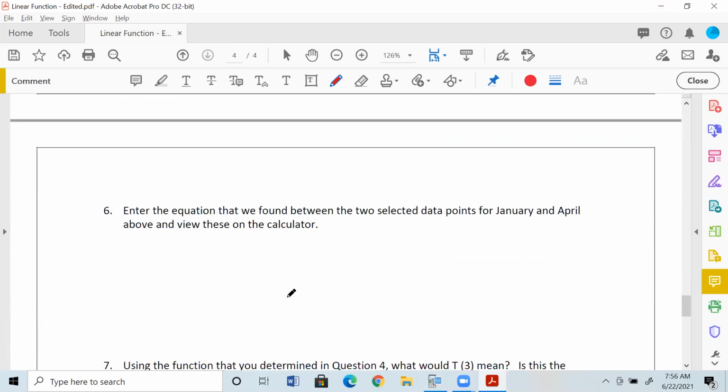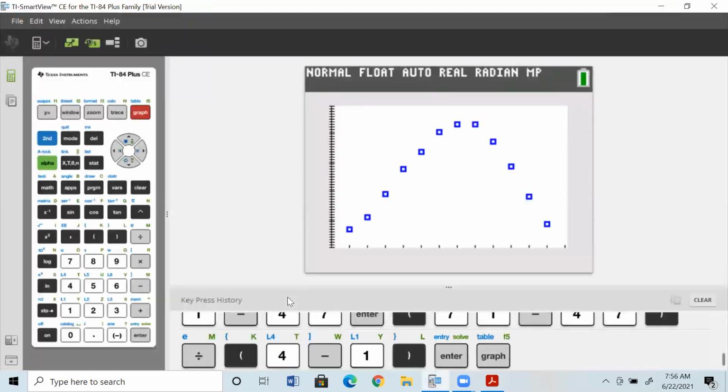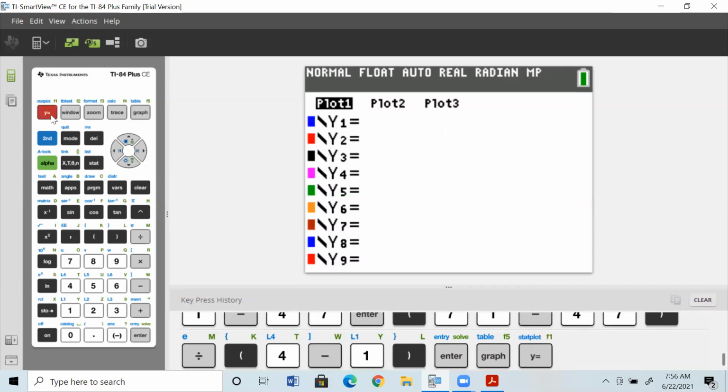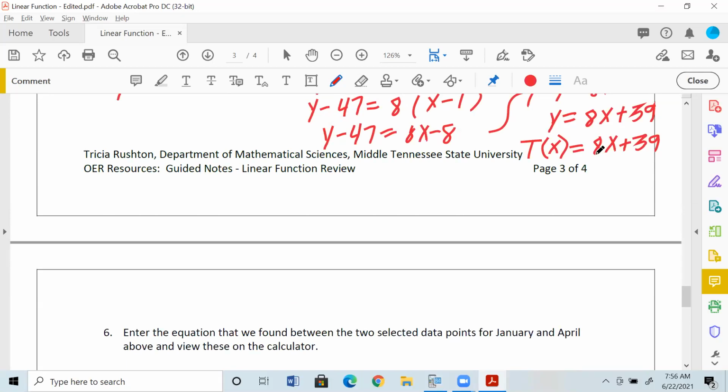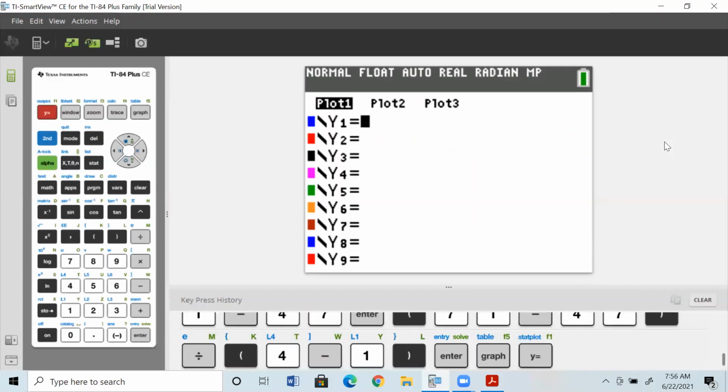Let's enter this equation onto our calculator. To type in an equation on our calculator, we'll press the y equals button, and then we will type in the equation that we just found, 8x plus 39.